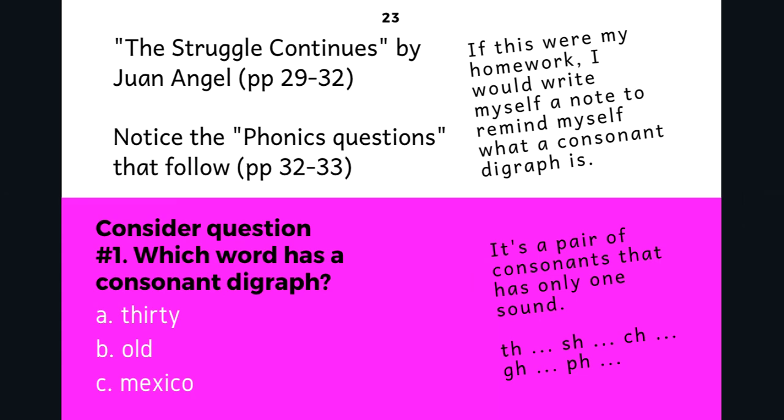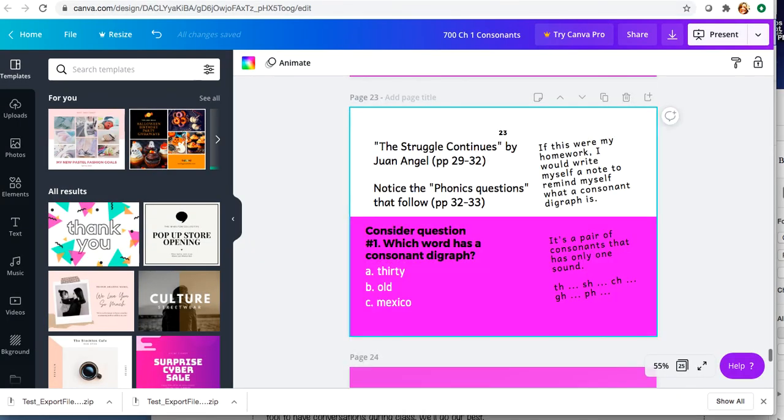And there are some phonics questions that follow. And if this were my homework, I would write myself a note to remind myself what a consonant digraph is. It's a pair of consonants that has only one sound. So it's either going to be TH, SH, CH, GH, or PH. And with that, I'm going to end this presentation here so you can go take your quiz. And then when you're done, watch the next presentation.